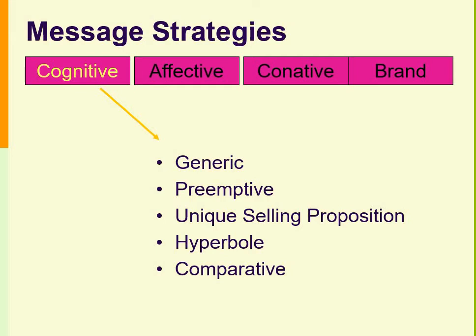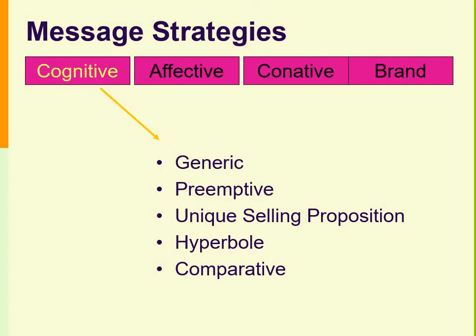When we say comparative advertising, we mean that the appeal, executional framework, and the message were all comparative. When it comes to comparative message strategies only, the message only compares the products or the brands.